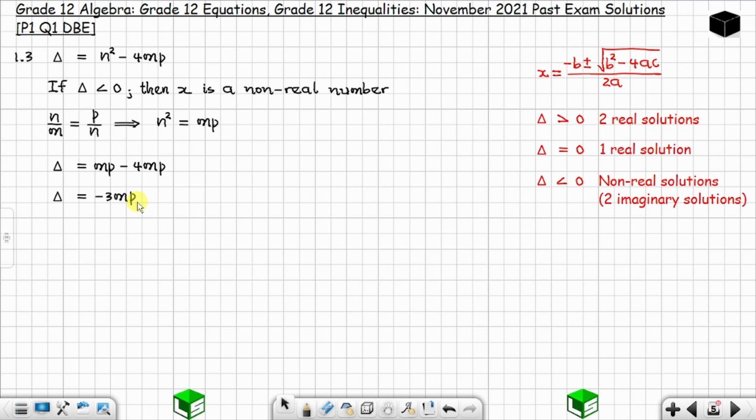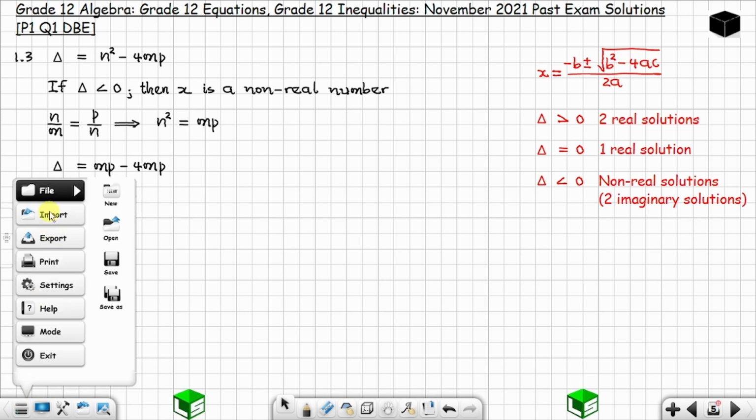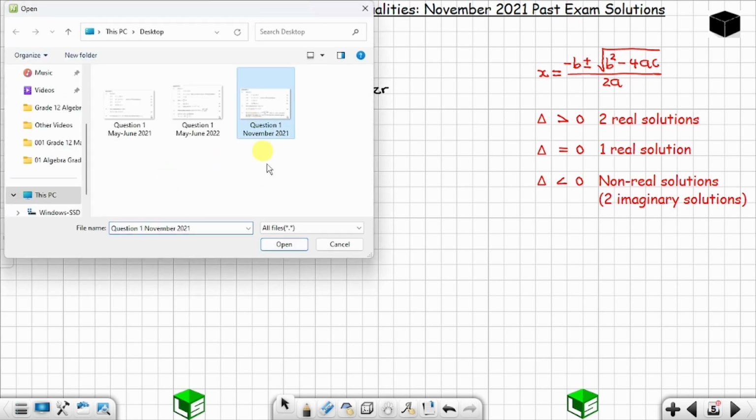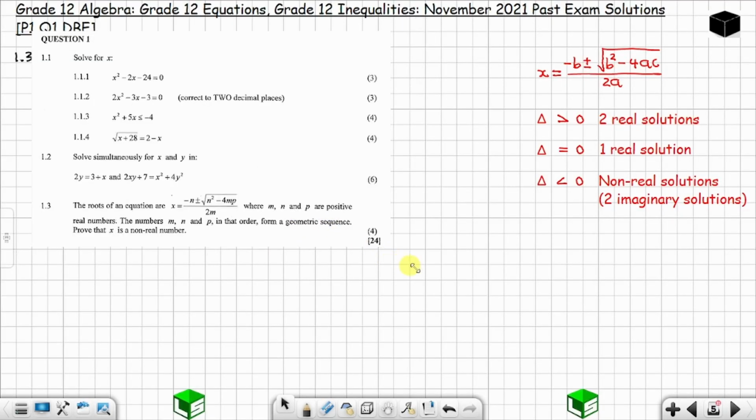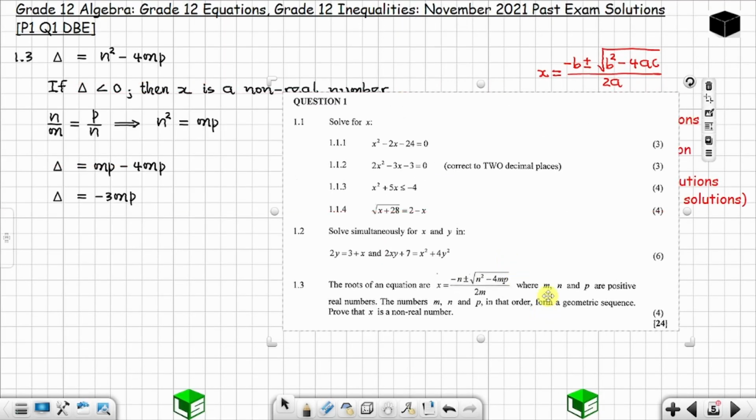Now from here you can see that you have m and p. When you read the question again, check the information. You are told that m, n, and p are positive real numbers. When you multiply two positive numbers, the answer will always be positive.